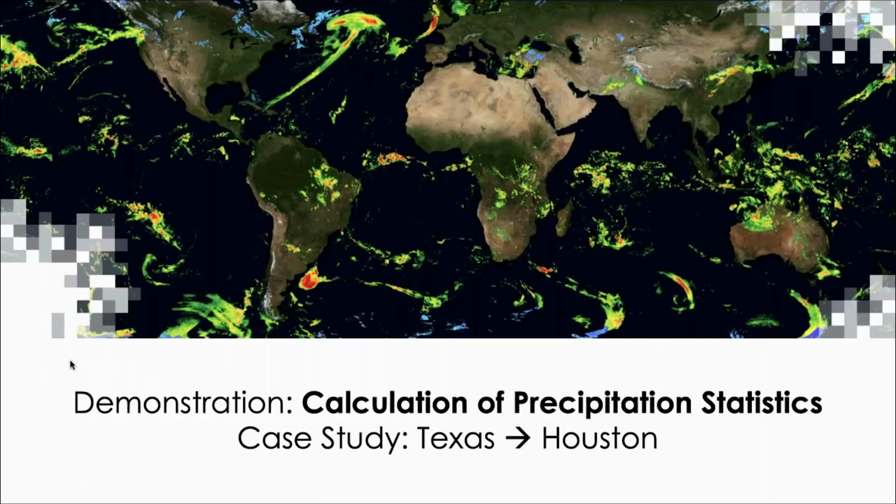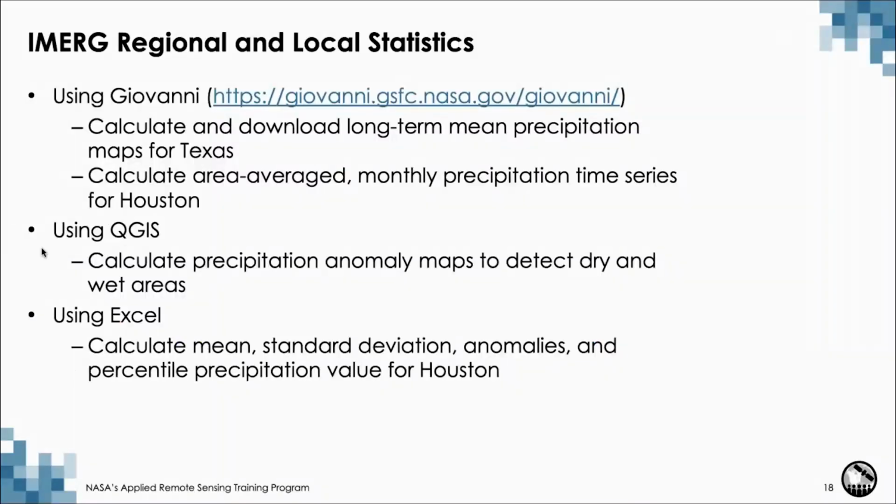So with that, we're going to have a demonstration in which we take iMerge precipitation using Giovanni. This is the site. Then we'll calculate long-term mean precipitation maps for Texas. We will also calculate area averaged monthly precipitation time series for about a 20-year period.